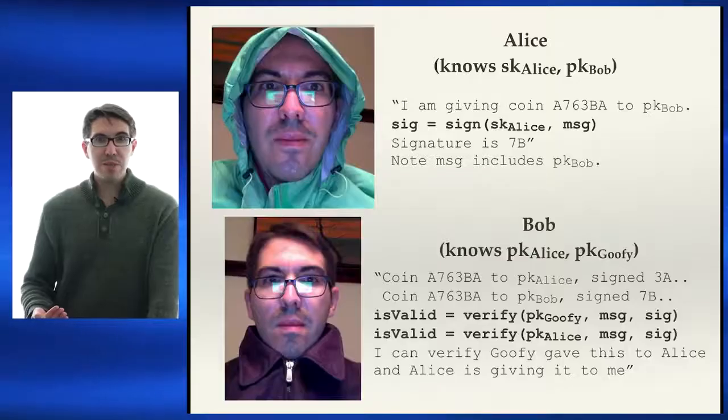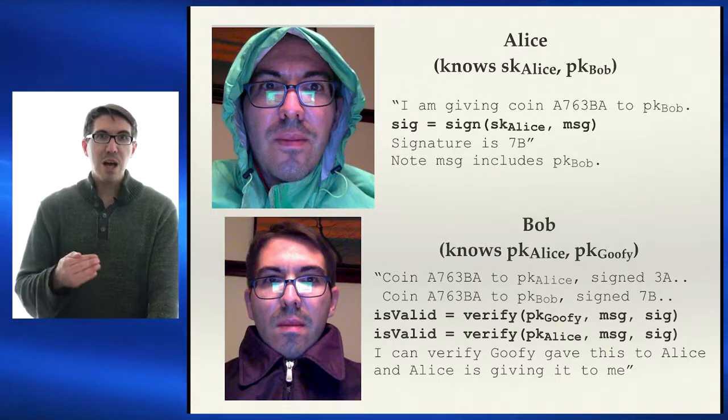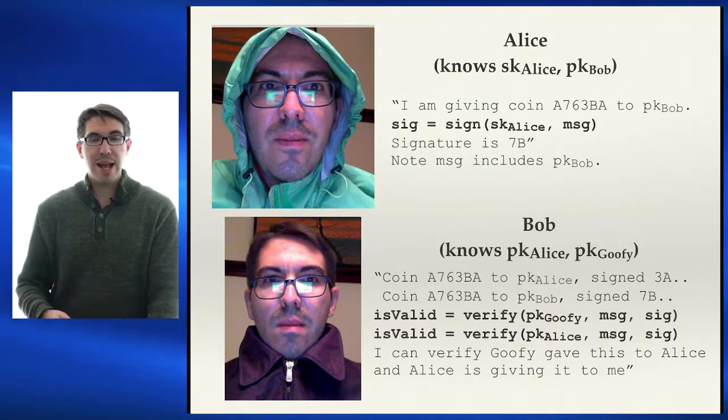So now Bob can verify, Goofy gave this to Alice, Alice gave it to me. Because at every step, we can tell that before someone sent it, the message, the transaction, was signed with the secret key of the actual owner. That actual owner is whoever public key is specified where that coin was sent to.